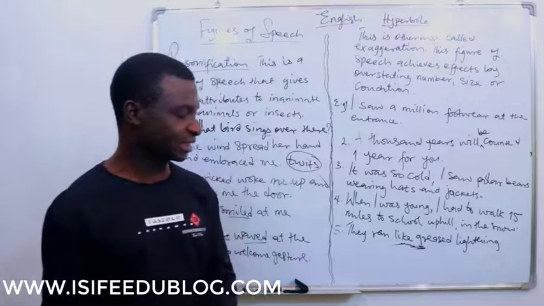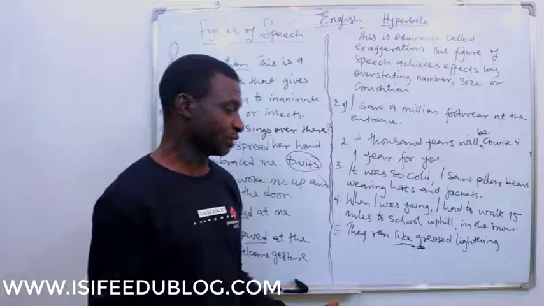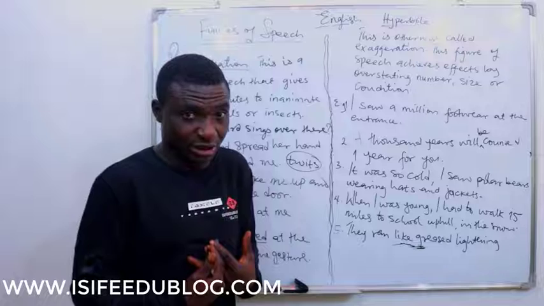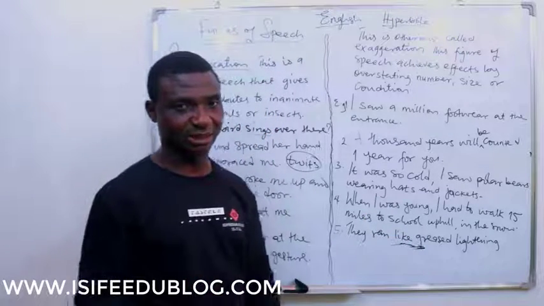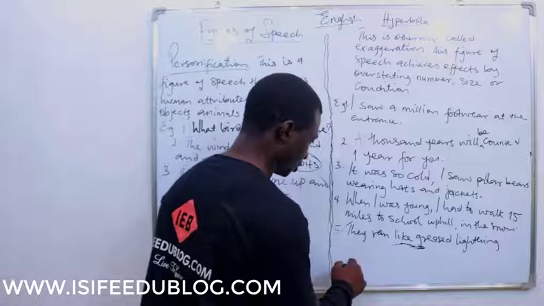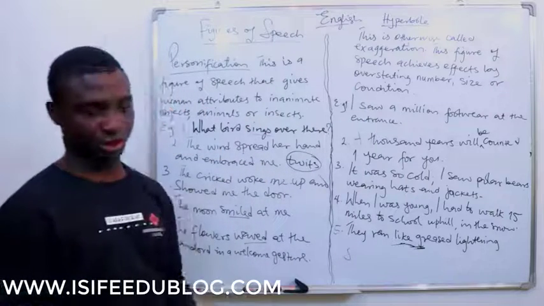But in an examination situation, if the examiner did not adjudge it to be a typical hyperbole, like I did, I see this more as a hyperbole than as a simile. But if you have in a set of options simile, but there is no hyperbole, please go for simile.